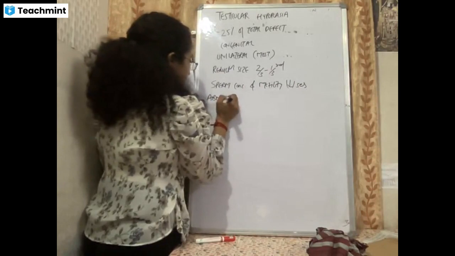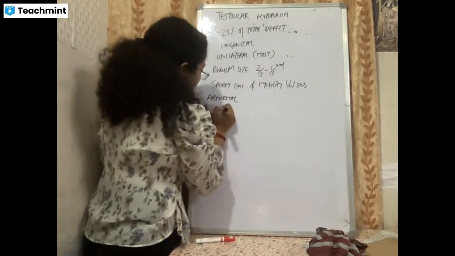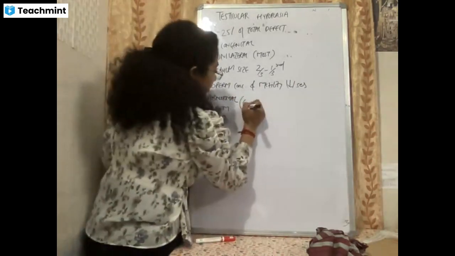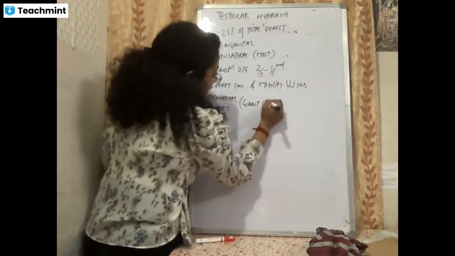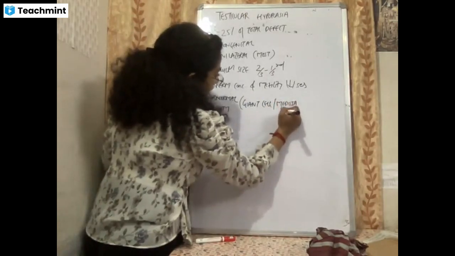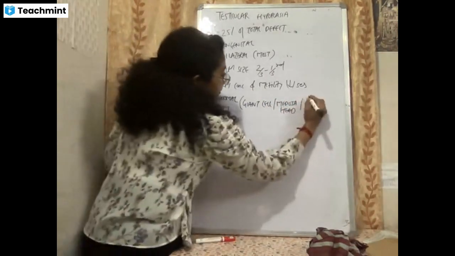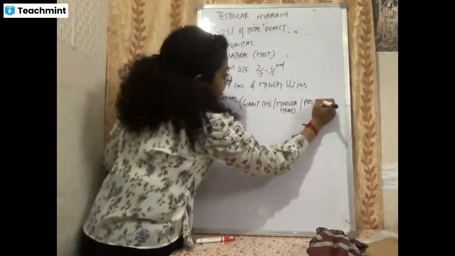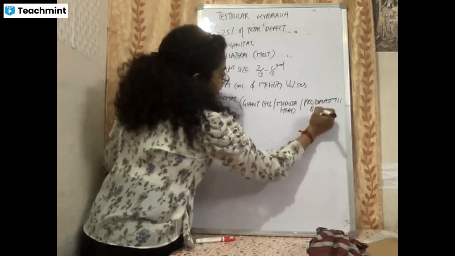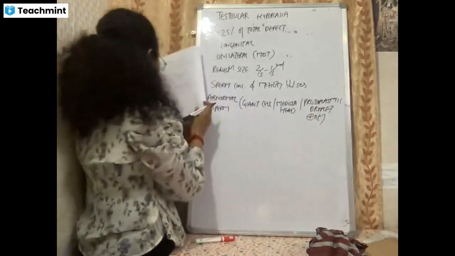Also abnormal sperm, like giant cells, medusa head, and protoplasmic droplets present.